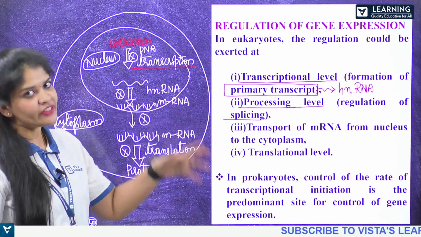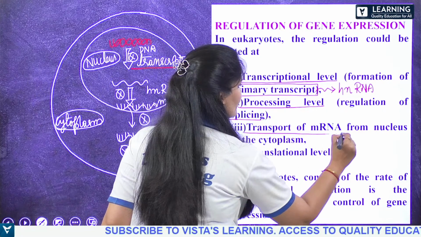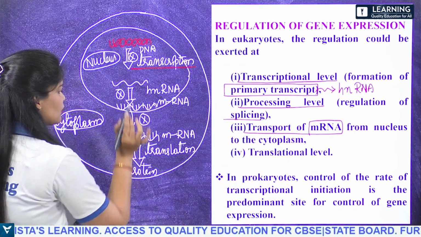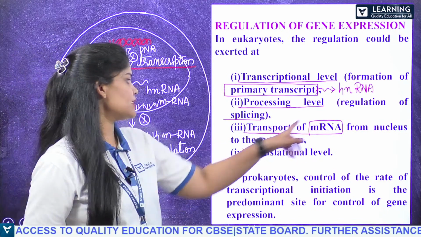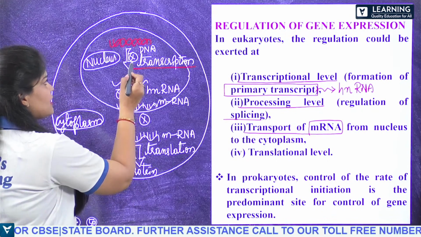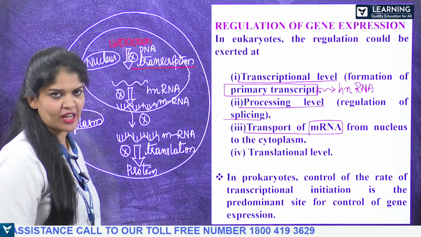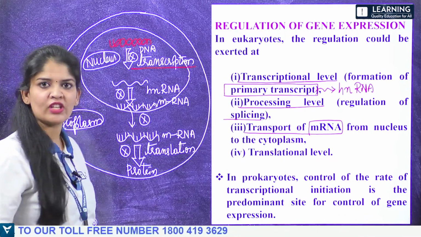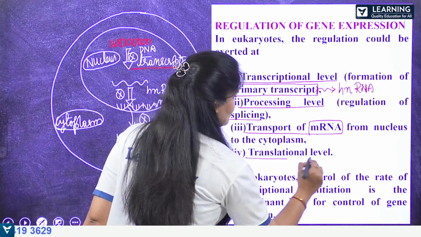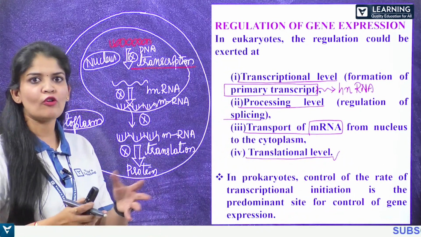Now, the further level of regulation can be seen at the transport of mRNA from the nucleus to the cytoplasm, and this is a third check. So this is at the level of transcription, at the level of post-transcriptional modification, that is the process of splicing, at the level of the transport of the mRNA from the nucleus to the cytoplasm, and finally at the level of translation, that is the production of proteins.